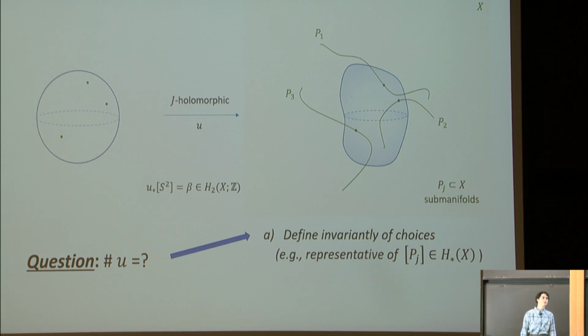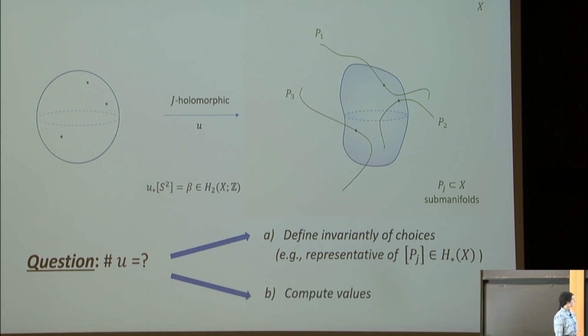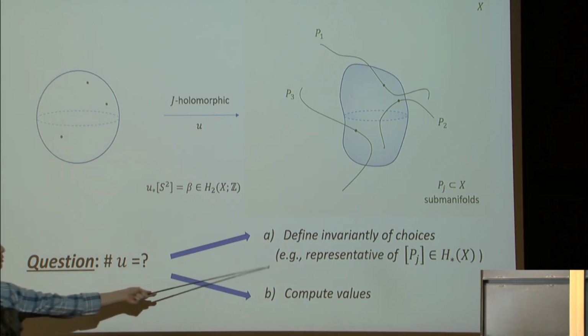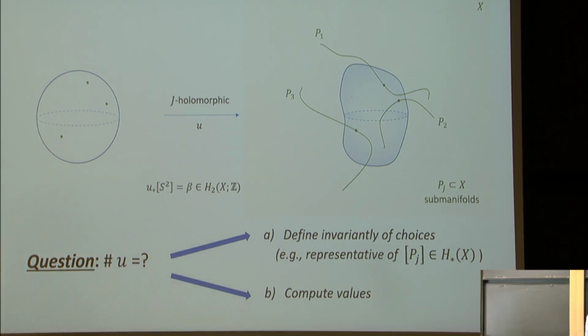I don't want the answer to depend strongly on the conditions I put. And secondly, if there is a number, I want to know what it is. So there is a question of can you in principle compute those numbers? And then if you can, can you actually compute them to the point where you give me explicit values?